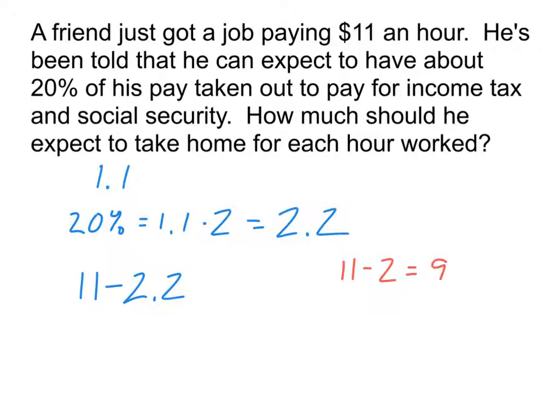Well, then I can do the 9 minus the 0.2, which would be 8.8. That means that when I do the 11 minus the whole 2.2, it's 8.8. So in other words, you're bringing home about $8.80 for every hour you work.